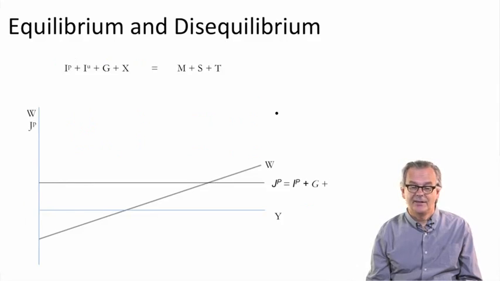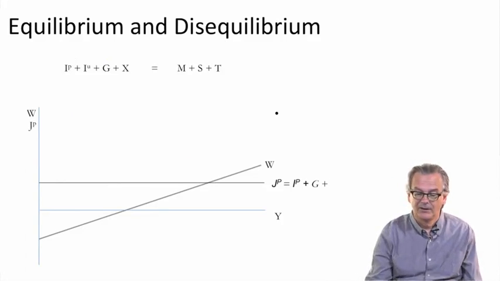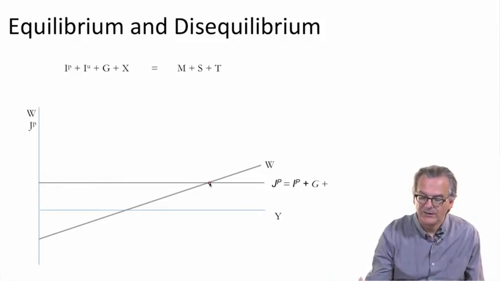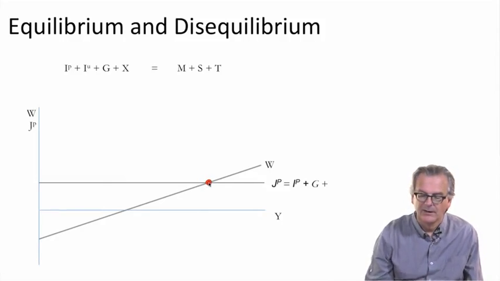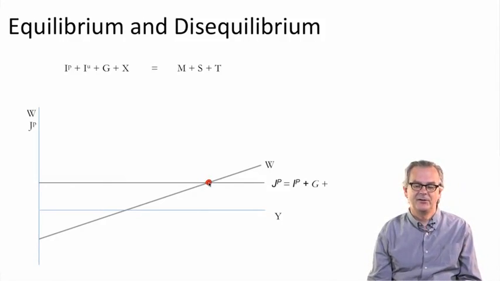So if we take that diagram and add to it planned injections, then this point here is another way of representing the economy's equilibrium.